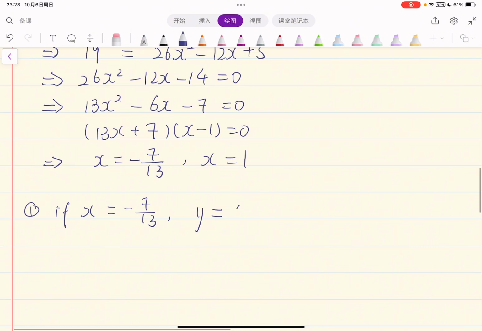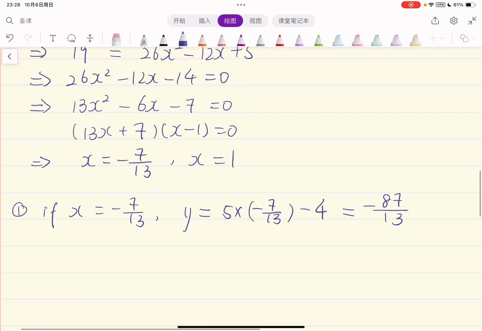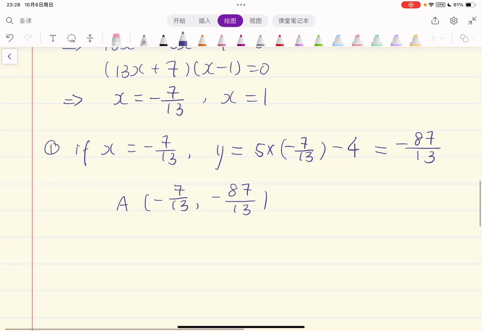So 5 times minus 7 over 13 minus 4 equals to minus 87 over 13. Which means A can be the point minus 7 over 13, minus 87 over 13. That is the first possible position.